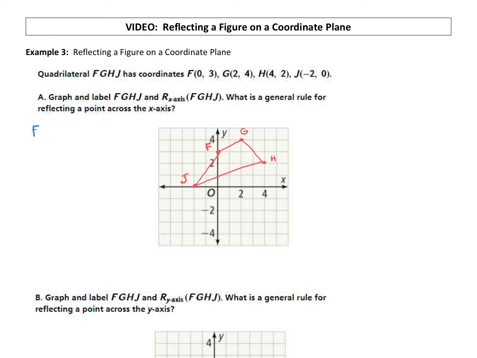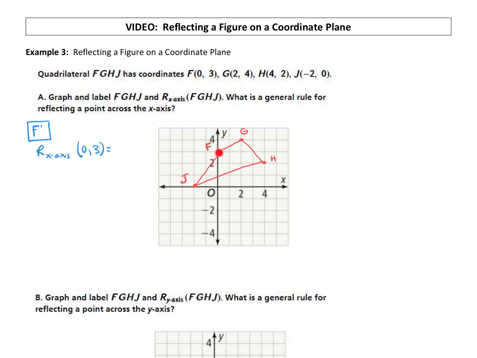So we're going to find F prime. We're going to do a reflection across the x-axis of point F, which is 0, 3. That's what we plotted. And now we're going to do that reflection across the x-axis. So here's our x-axis. I have to go to point F, I have to head toward the x-axis so that I'm perpendicular to it. So that is just going to be vertical right here.